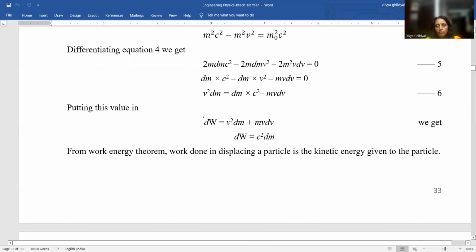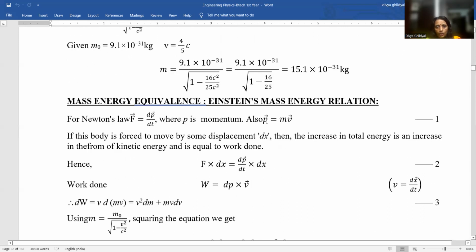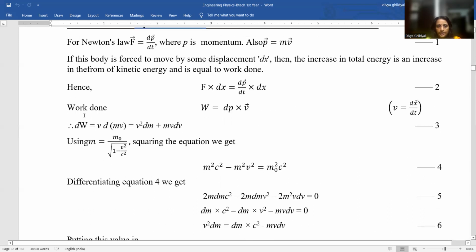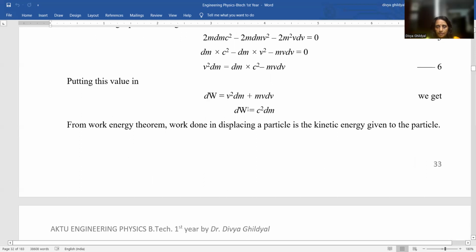This value we will put in the expression for work above. dw is equal to v square dm plus mv dv. Very simple. And we get dw is equal to c square dm, because from the work energy theorem, work done in displacing a particle is the kinetic energy that is given to the particle.